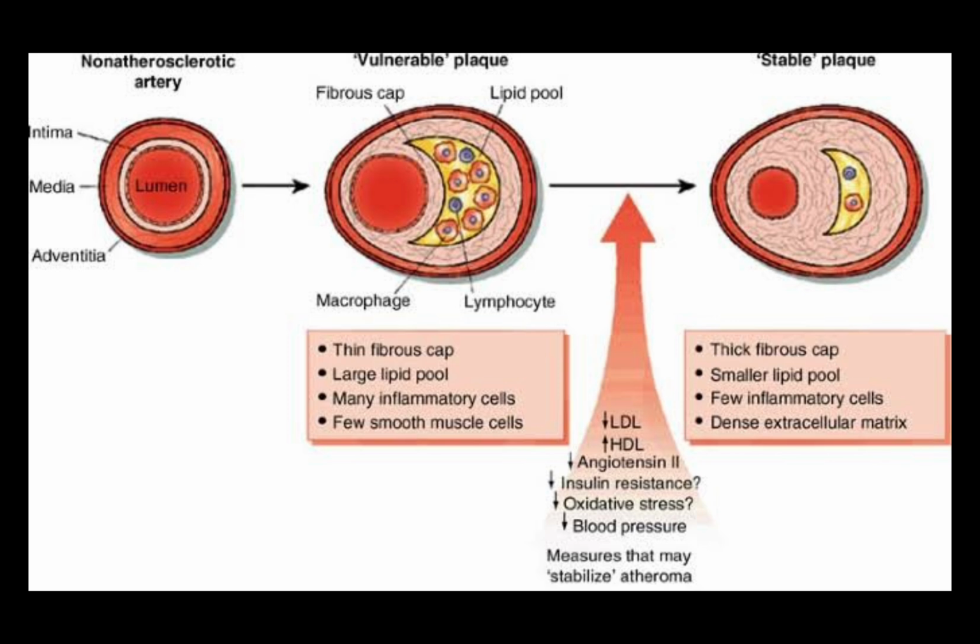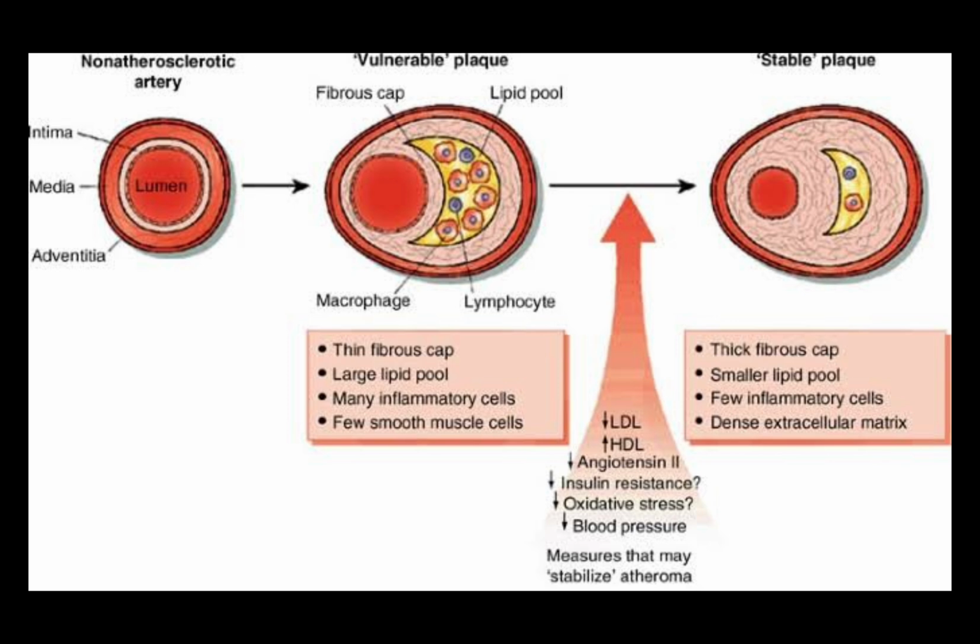Then in the second step, low density lipoprotein moves towards these macrophages, and the macrophages engulf this low density lipoprotein and become foam cells. And in the last step, there is proliferation of smooth muscle, and they move to the intima to form the atherosclerotic plaque.